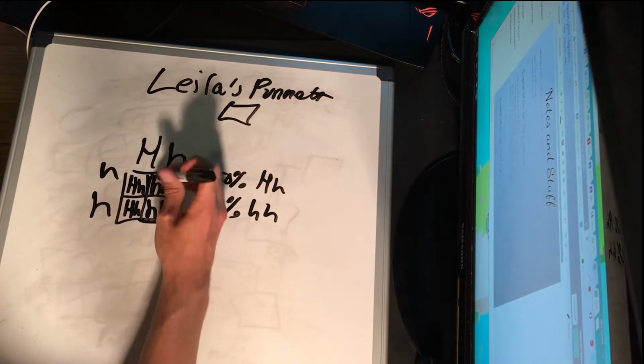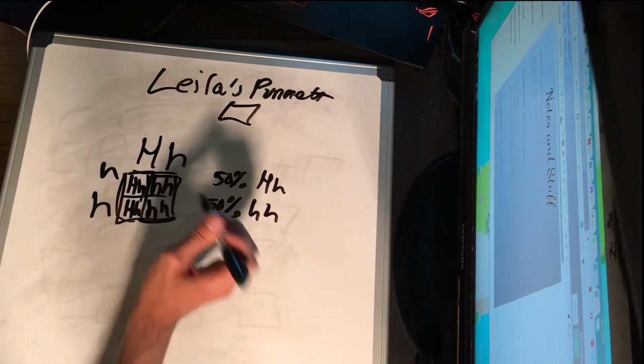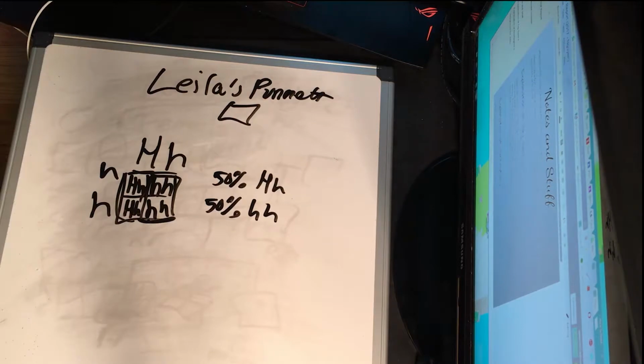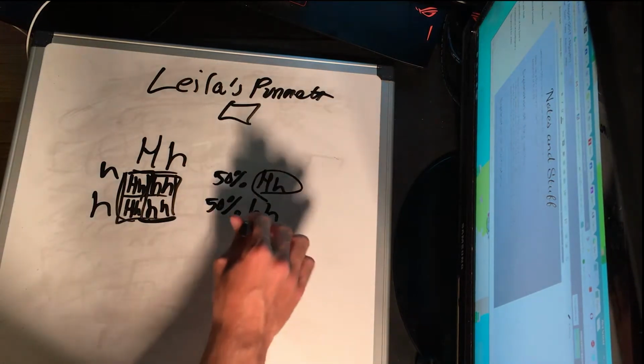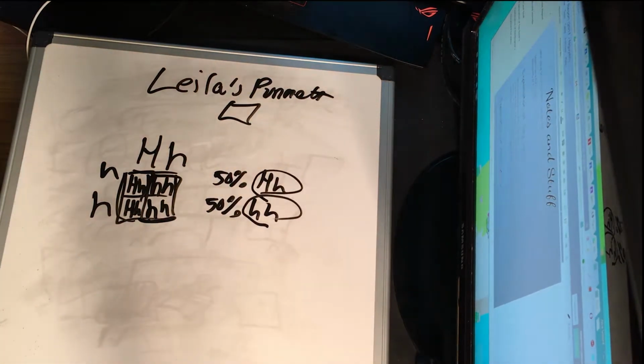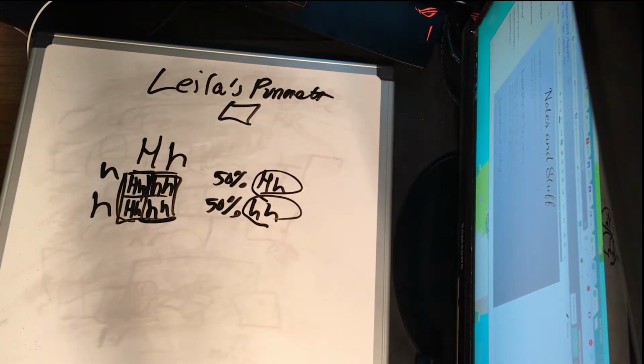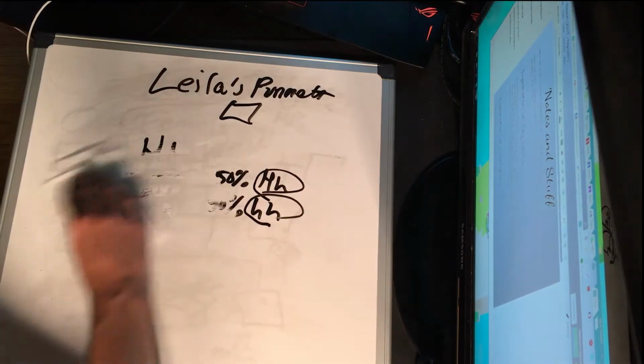Because these two are both homozygous recessive, and these two are both heterozygous. So because Huntington's is dominant, this one is automatically going to have the disease. So she has a 50-50 chance at testing positive for Huntington's, because she doesn't know if she has Huntington's or not.